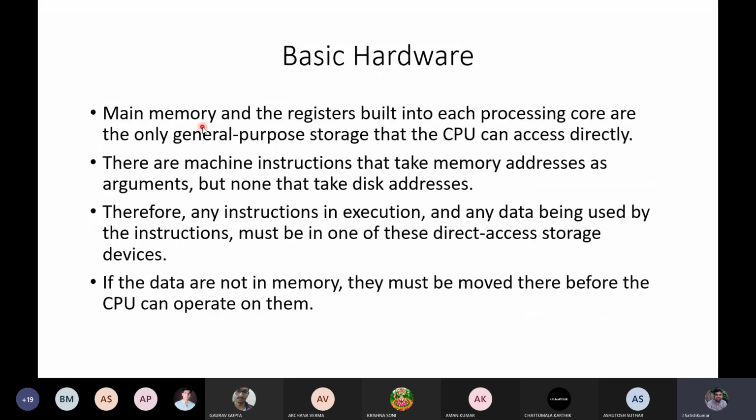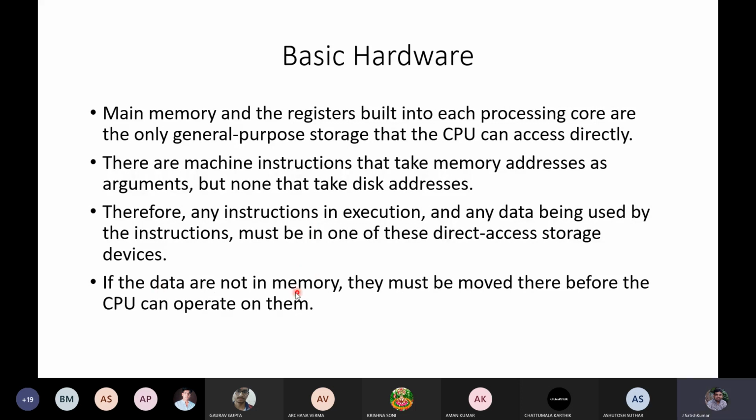The memory units and the registers built into the processing core are directly accessible by the CPU. The processor will access the registers and main memory directly. There are machine instructions that take memory addresses as arguments, and any data being used by an instruction must be in one of these direct access storage devices.